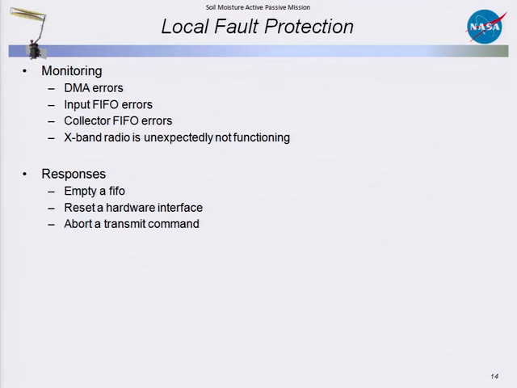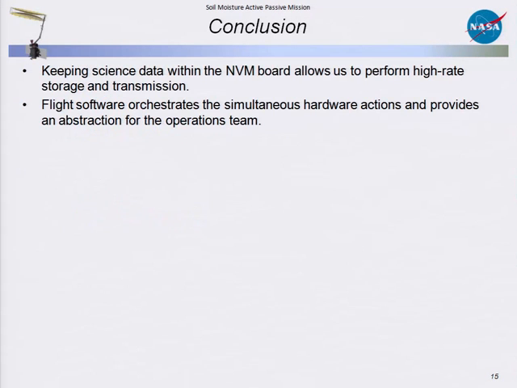And if we're in the middle of a transmit command, we can abort the command itself. So those are the local responses. But this is all isolated to within the Science Data Manager. We don't have to resort to pointing the spacecraft in another direction or anything like that. So it's all handled locally.